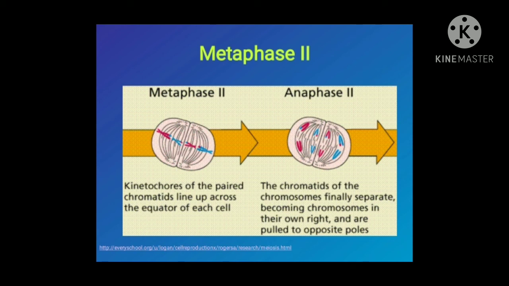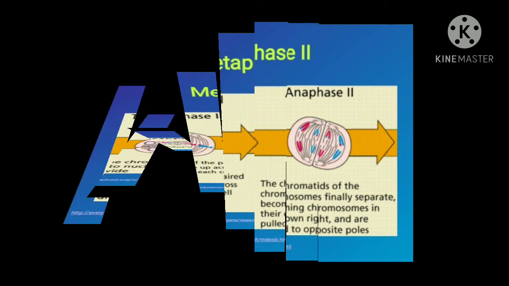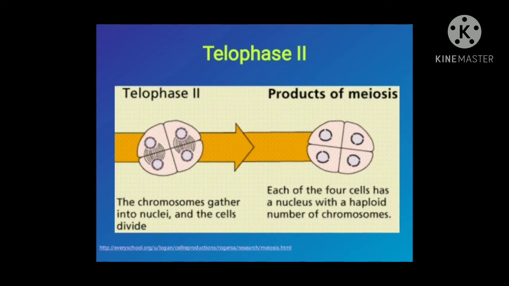And in the anaphase 2, the chromatids of the chromosomes finally separate, becoming chromosomes in their own right, and are pulled to opposite poles. Lastly, in the telophase 2, the chromosomes gather into nuclei and the cells divide, which is the product of meiosis. Each of the 4 cells has a nucleus with a haploid number of chromosomes.